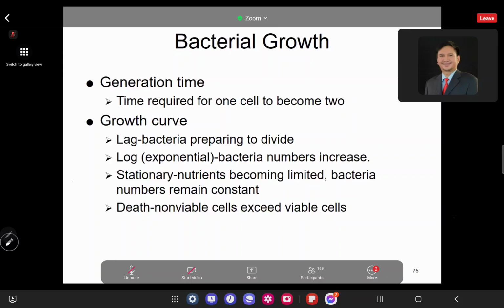And then your log phase, rapid exponential growth occurs as bacteria divide at their maximum rate. And your stationary phase, nutrients become limited and the growth rate balances with the death rate. While in the death phase, non-viable cells outnumber viable ones due to depleted resources and accumulation of waste.